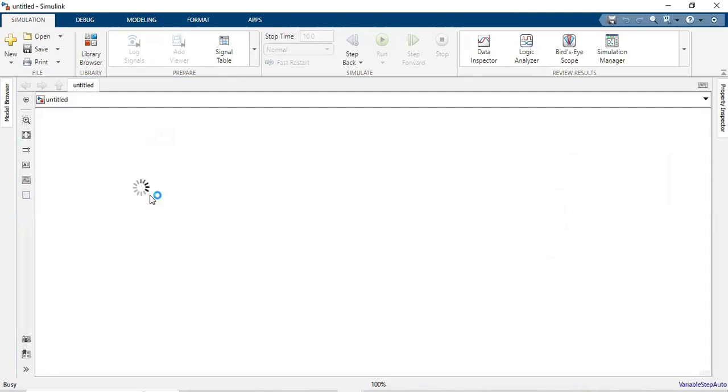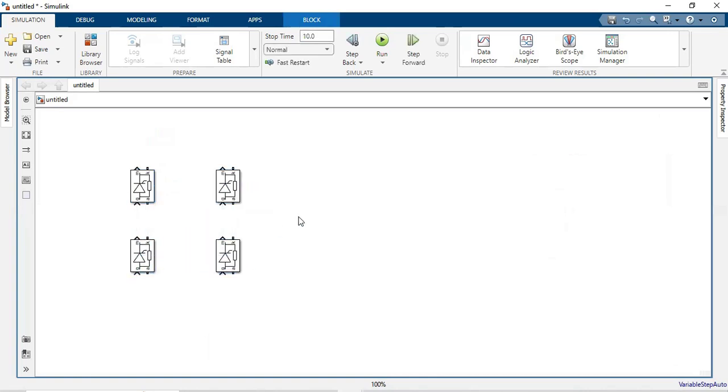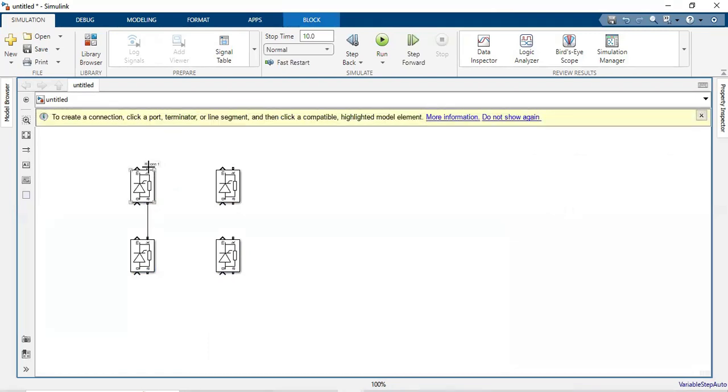So we will have the thyristor, type thyristor in the model, and let us rotate the thyristor. And we will be having 4 thyristors. The thyristors should be connected in bridge fashion.